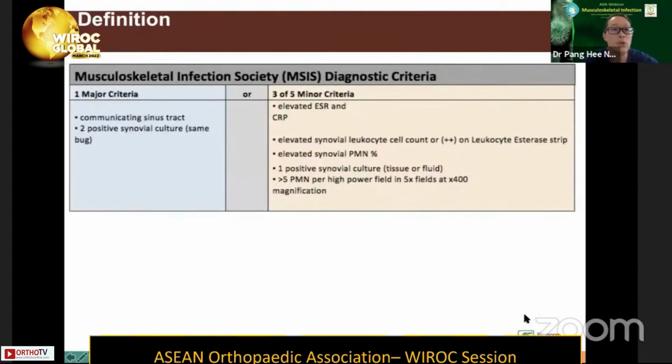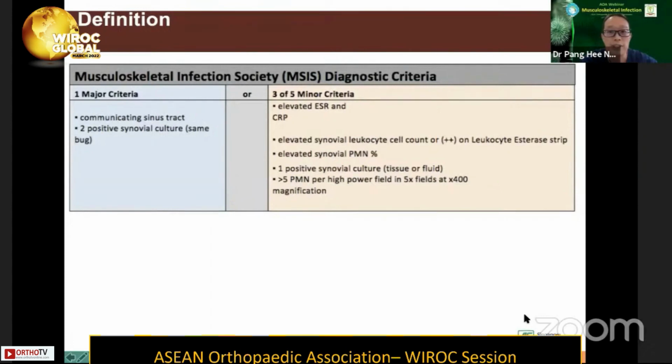This is the Musculoskeletal Infection Society diagnostic criteria for prosthetic joint infection. Major criteria are a communicating sinus tract or 2 positive synovial cultures. Any one of these with 3 of the 5 minor criteria would suggest PJI.